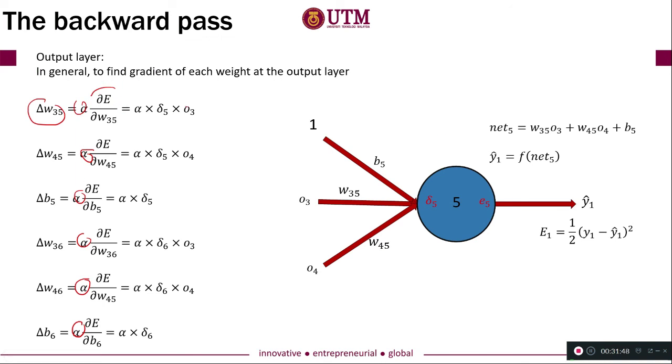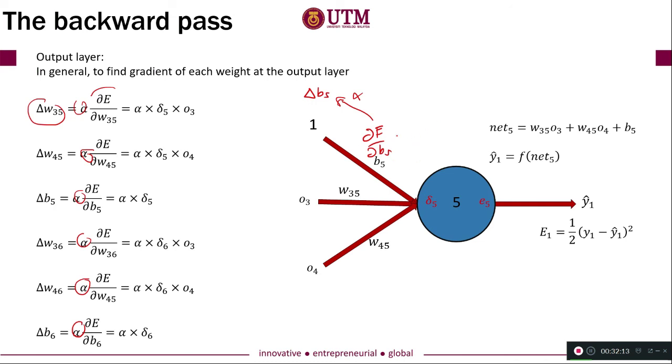Now for each and every gradient here, for example the gradient here, del E over del B5, how do we find that? Because this is the one that you need to multiply with alpha so you can get the updater of B5. So how do we find that?